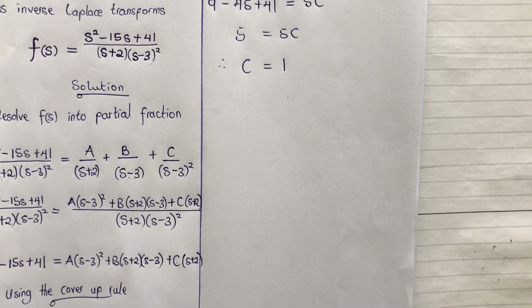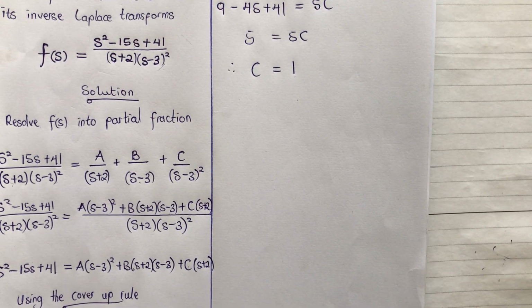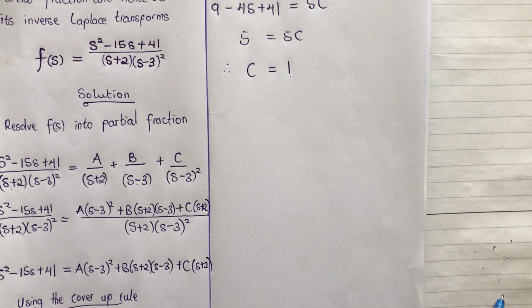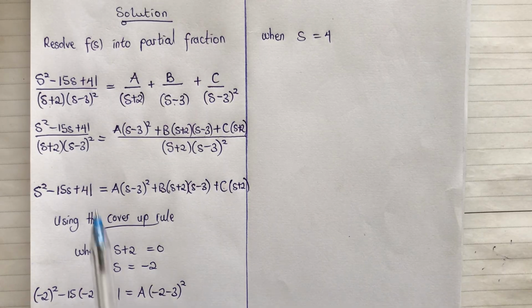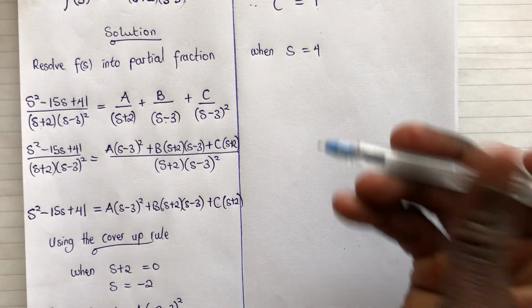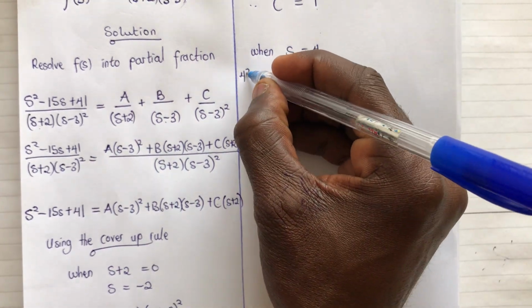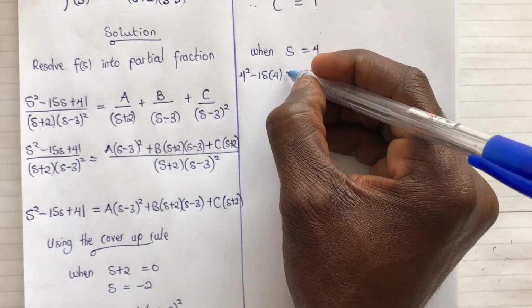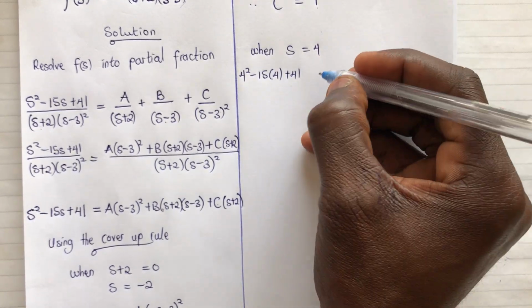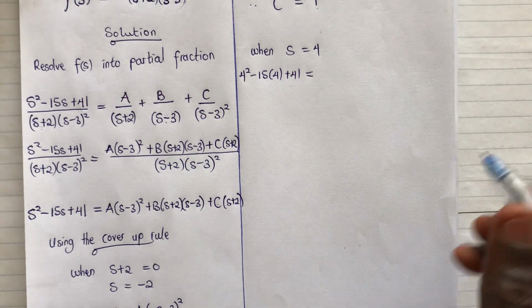So let's do that. Let's substitute a random value, assuming s is equal to 4. So wherever we see s, we substitute 4. So we have 4 square minus 15 into 4 plus 41 equal to, what value did we get for a?